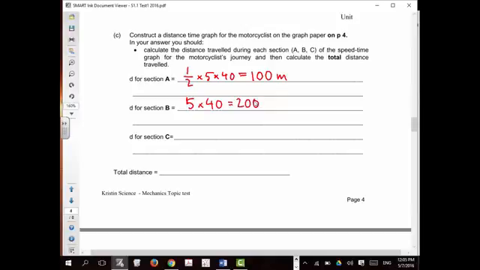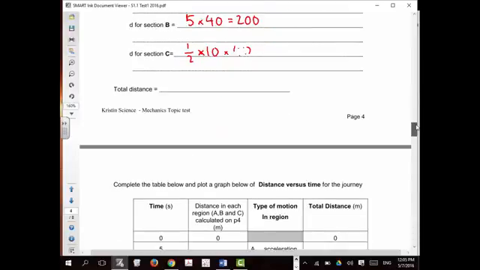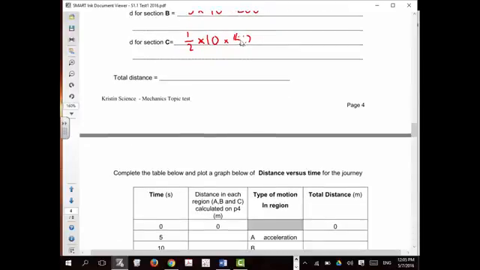And then for C, we had that longer triangle, which was half times 10 times 40, which is 200. And so the total distance is 100 plus 200 plus 200, which is 500 meters.